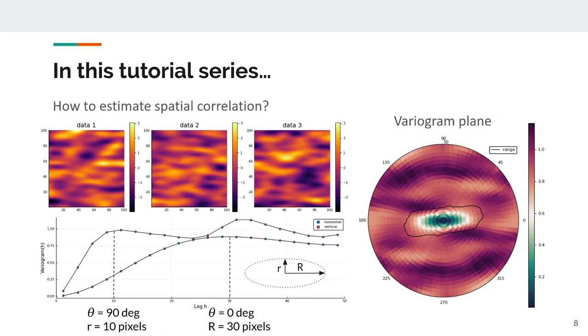So in these two previous examples and tutorials that are coming in this series, we noticed that the spatial correlation is quite important in order to get unbiased estimates of these variables, resources, and so on. In this tutorial here, I'm planning to address the question of how to estimate spatial correlation in general.